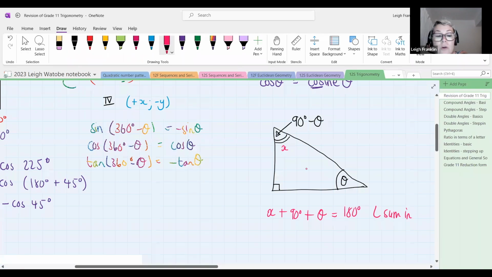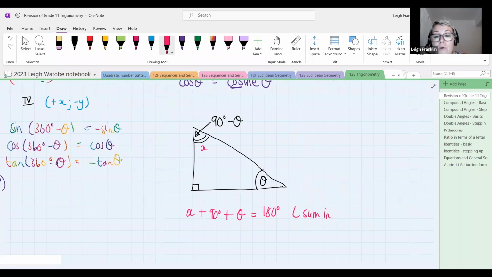Remember, we are trying to solve for x here. So if I take these two terms over to the other side, it would be 180 minus 90 minus theta. And that's why that angle that we've now called x would end up being 90 minus theta. So 90 minus theta is an angle inside a triangle.